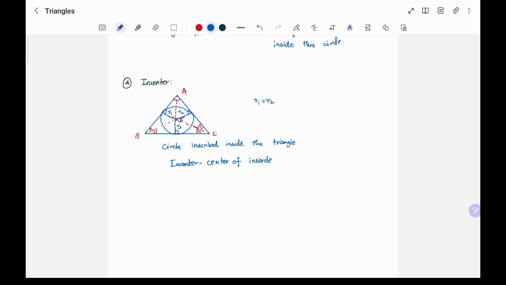So we have R1 equal to R2 equal to R3. So we can say the sides are equidistant from the incenter.